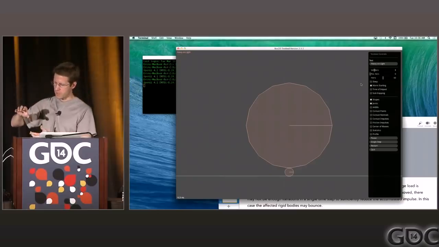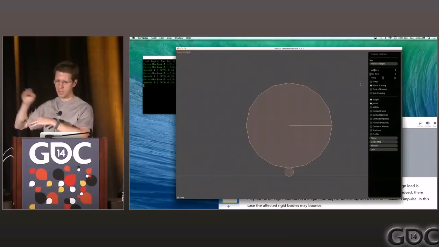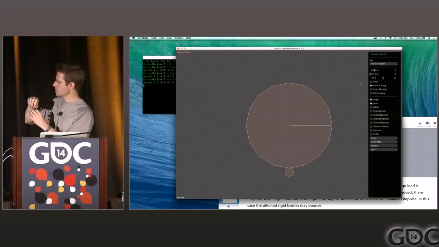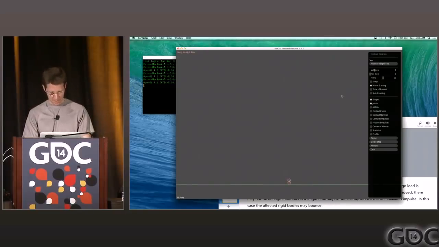When the objects are moving down, you need a large impulse to bring them to rest, and it's larger than the impulse you need just to hold them there after they come to rest. So that's the situation where there's this large load, then it gets removed, but then you don't have enough iterations to back off, and so the impulse is still large, and that causes a bounce. And let's look at a better example of that effect.